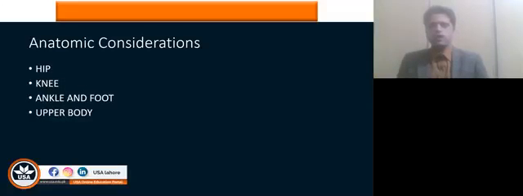Some anatomical considerations that are necessary for understanding gait are understanding hip motion, knee motion, ankle and foot motion, and the upper body motion. So we will now study them first. First is the hip. During gait, motion at this joint occurs about the coxofemoral or the hip joint.